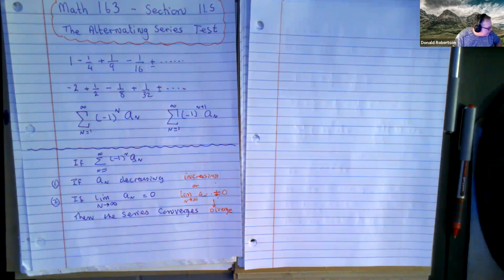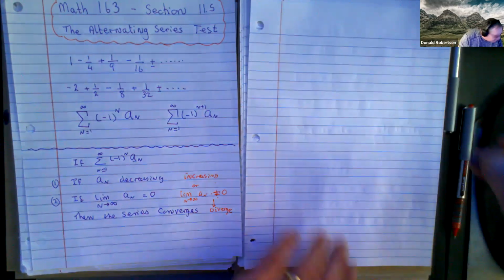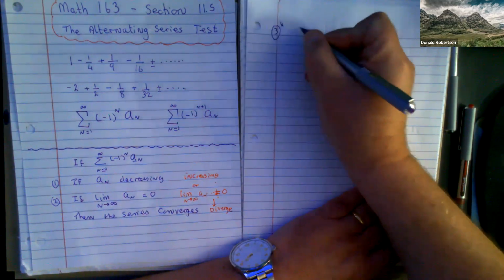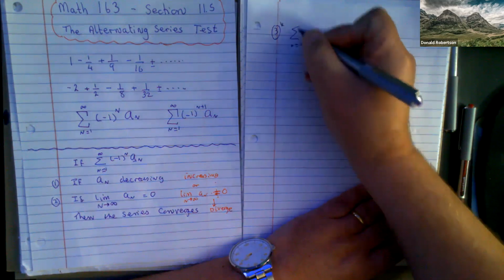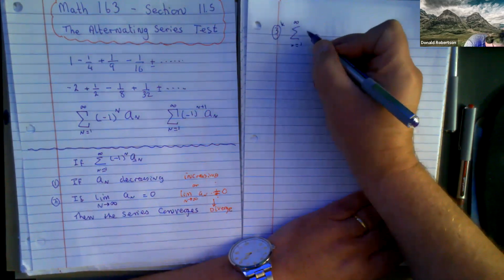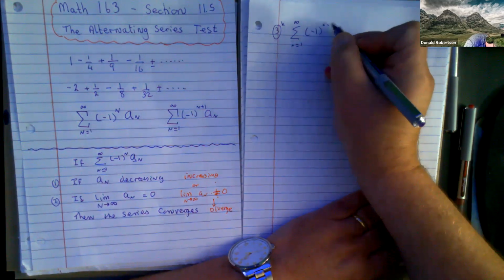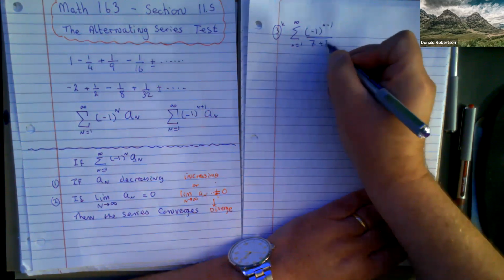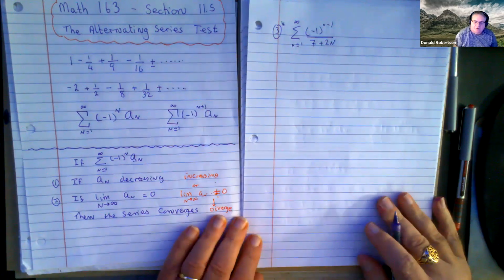So let's dive right in and look at an example of how that might work. This is a version of question 3. So we have negative 1 to the n minus 1 over 7 plus 6. That's my version.